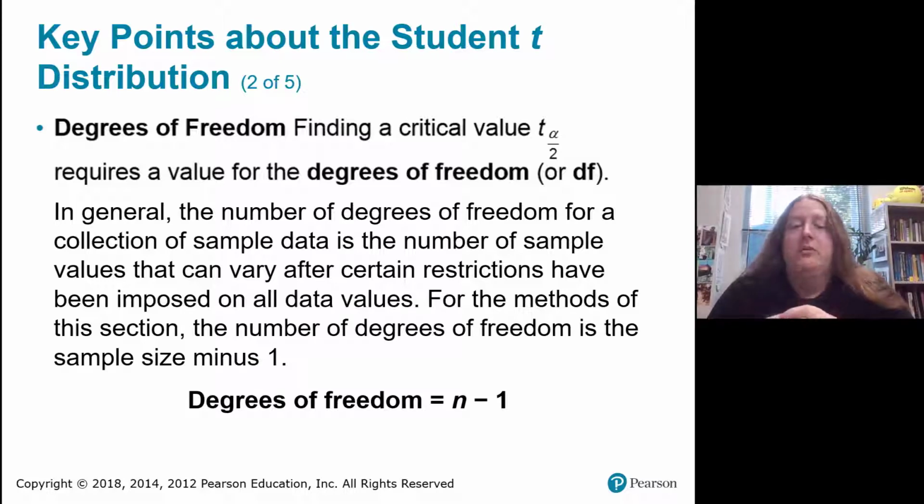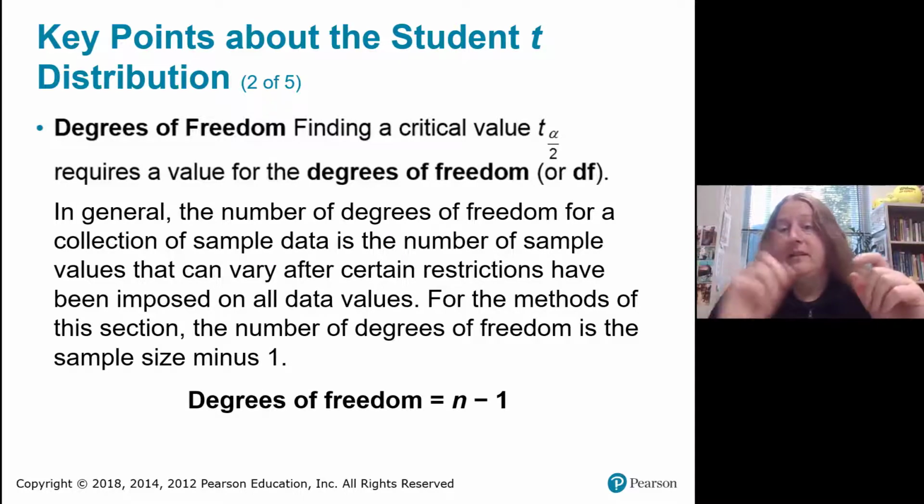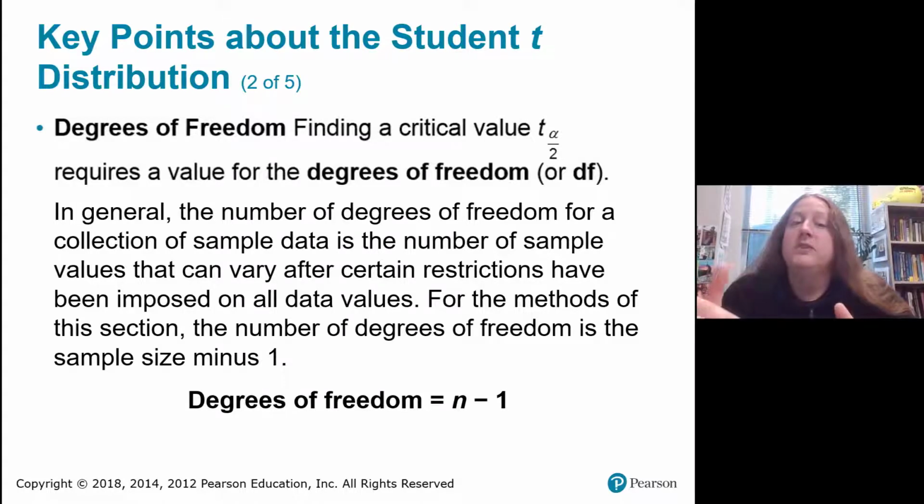If we have a certain sample mean that we're looking at, all but the last value of our sample numbers can be whatever we want them to be. And then that last value, we can choose it so that the sample mean turns out to be what it's supposed to be. That's why our degrees of freedom is going to be n minus 1.